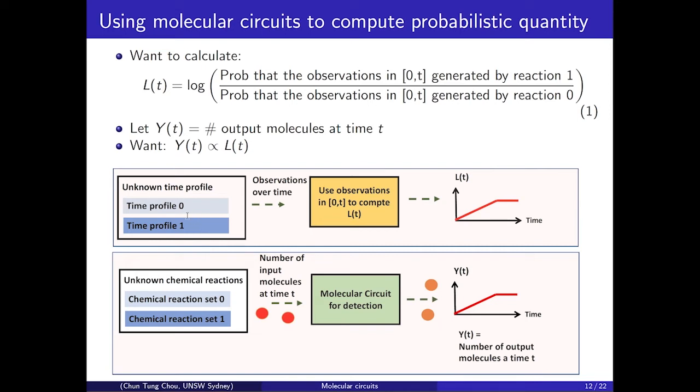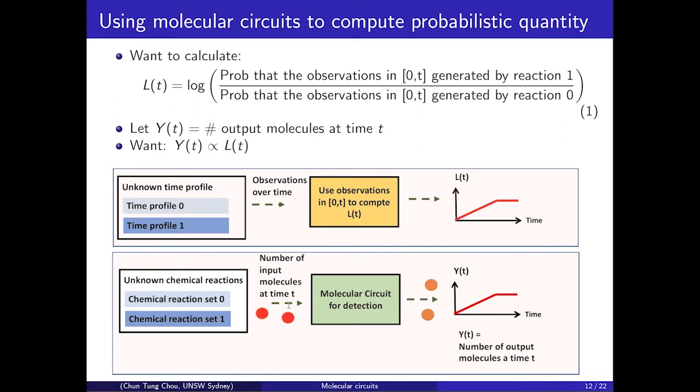These time profiles that we think about can be generated by chemical reactions, because this is what I showed you earlier. So we can think about the way these time profiles are now generated by chemical reactions. I have two sets of chemical reactions. Time profile 0 is generated by chemical reactions 0, and so on.